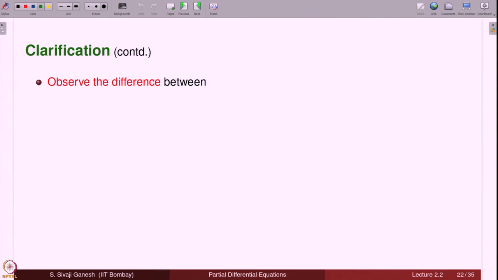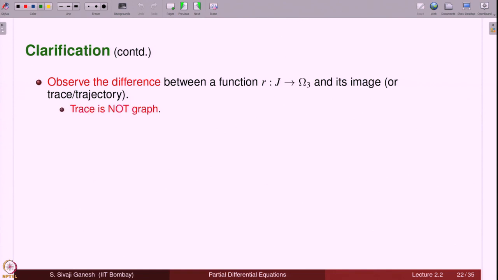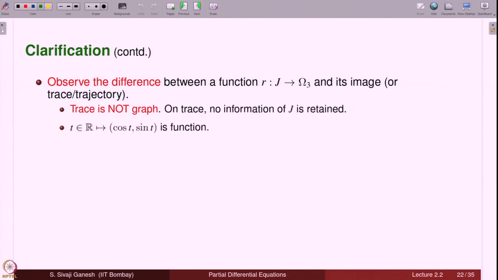Now, observe the difference between a function and its image. The image is often called the trace or trajectory. It is just the image. The trace is not a graph. On the trace, no information of the parameter is retained. We will look at an example. Look at this, t belongs to R going to (cos t, sin t), it is a function.